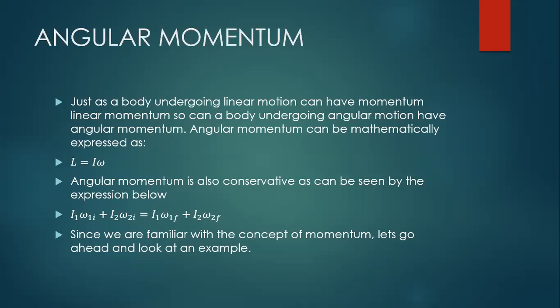I'm sure the concept of momentum is not very strange to you. Momentum usually talks about the product of mass and velocity. Just as in linear motion, we talked about linear momentum.